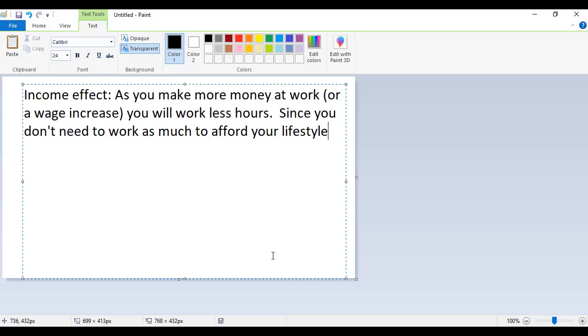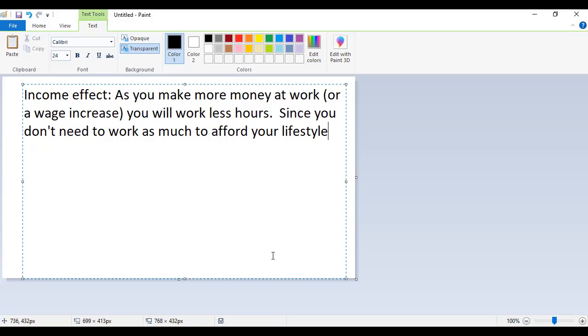And there's a lot of reasons for this. Some people say, if I just want to make a certain amount of money to support myself, then if I get a raise, I just need to work fewer hours. Another reason behind this is that people value their leisure. Why should I be making all this money if I'm not going to enjoy myself every once in a while?